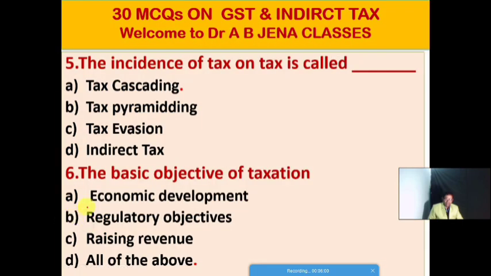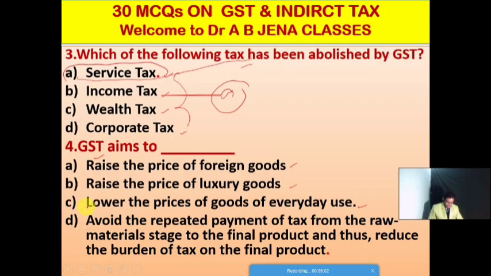Option D is the right answer. GST aims to avoid the repeated payment of tax from raw material stage to the final product, and thus reduce the burden of tax on the final product.